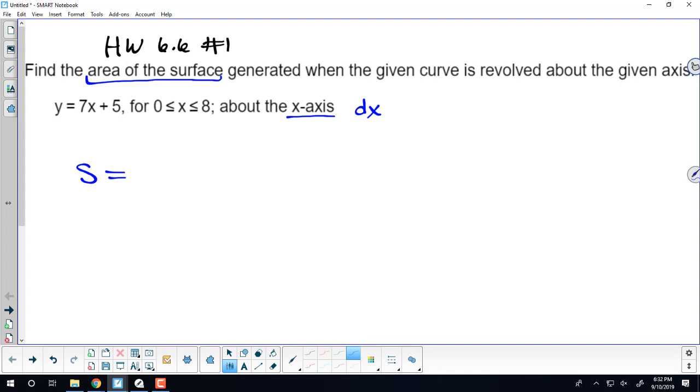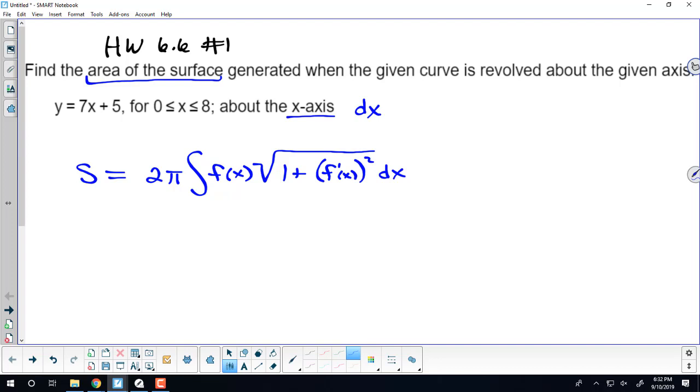I have to remember that for the exam. F of x times the square root of 1 plus the derivative squared. Yeah, from here, we'll go from 0 to 8.